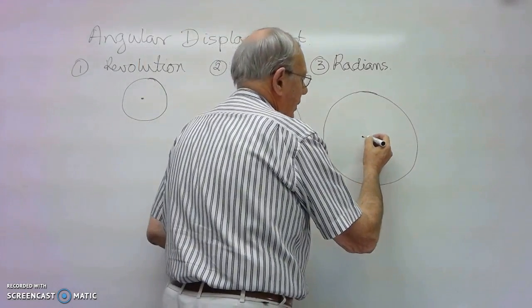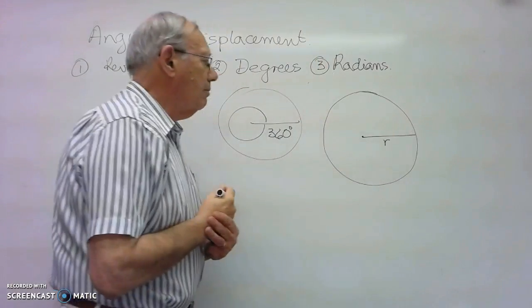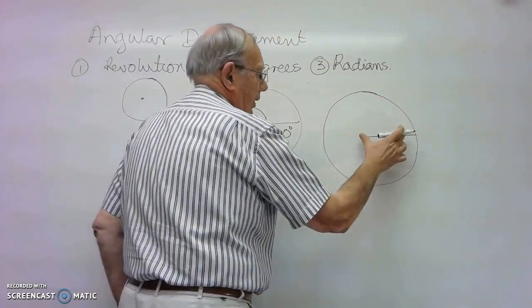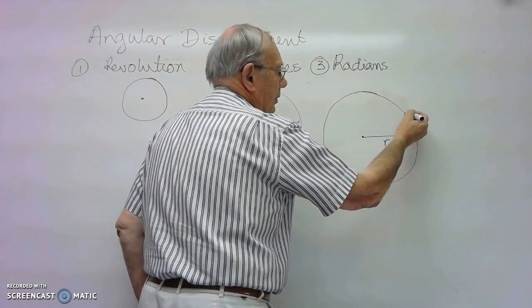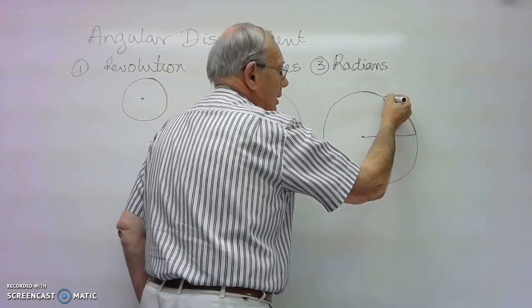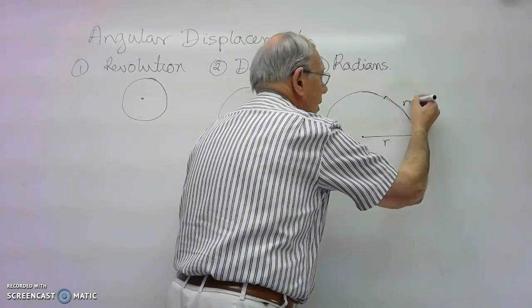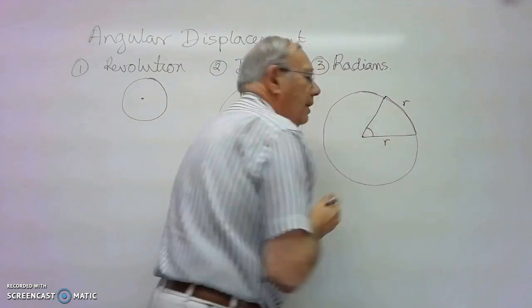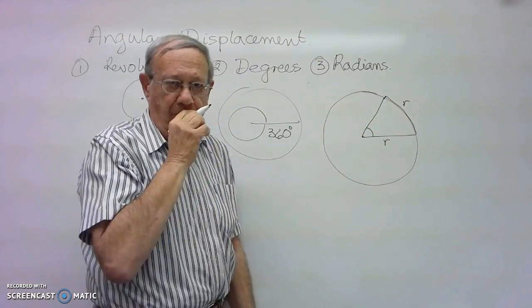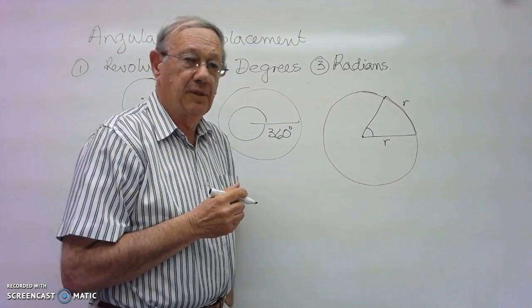If I draw a line from this here, like this is one radius, if I get this length and measure it across here, so this length here is one radius, then the radian is that angle there. And it's about 57.3 degrees.